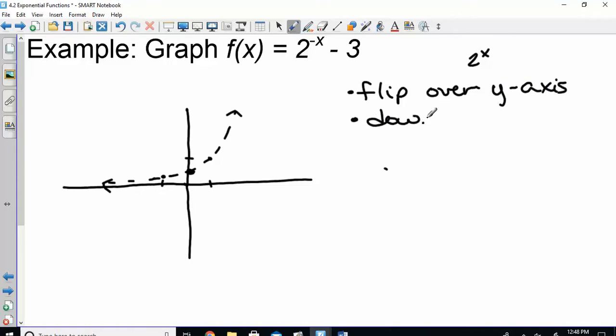And the -3 would move it down. When you move these graphs up and down, you have to move your asymptote as well. So this one started at 0, but if I take my whole graph down 3, my horizontal asymptote is now at -3.